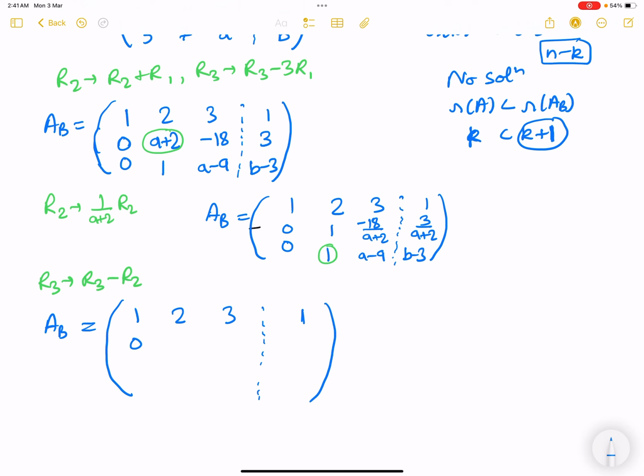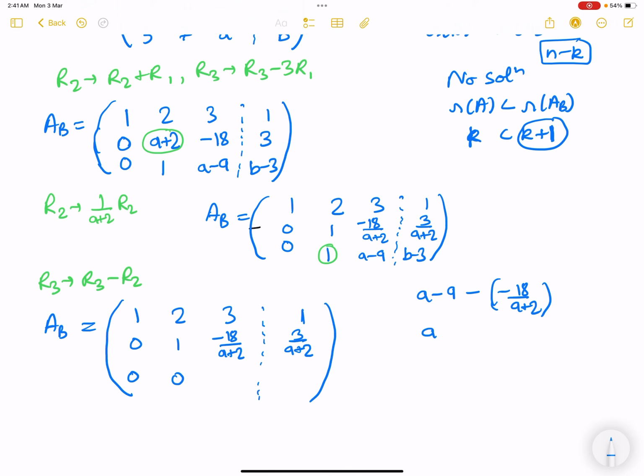This is 0, this is 1, this would remain the same only, minus 18 upon a plus 2, 3 upon a plus 2. Now 0, 0. This term would become a minus 9 minus of minus 18 upon a plus 2.